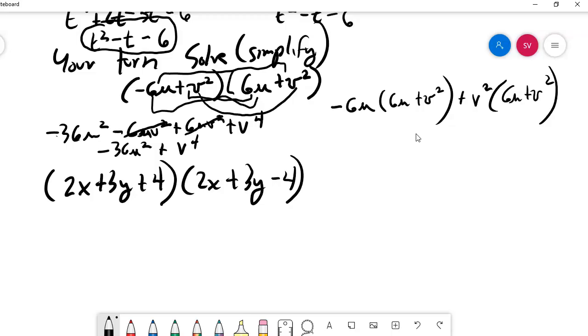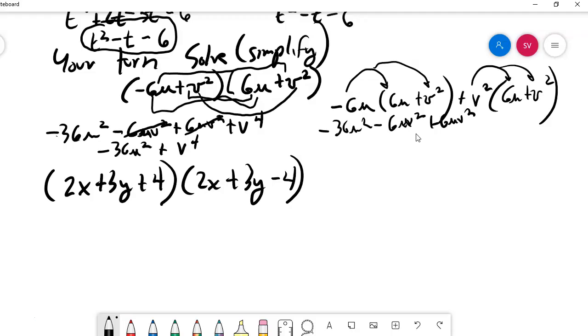So we dissected the first set of parentheses and individually multiplied them to the values in the second set of parentheses. So the dissection part is over. Now we distribute by multiplication. So I get minus 36u squared minus 6uv squared plus 6uv squared.